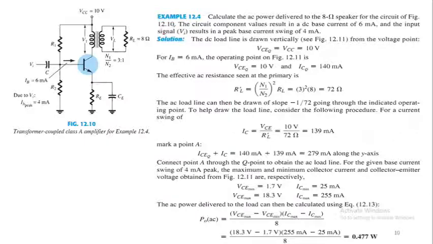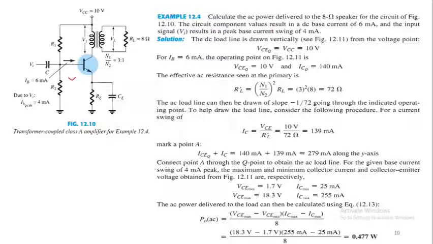अब हमारे पास ये एग्जांपल है, एग्जांपल 12.4. It says calculate the AC power delivered to 8 ohm speaker for the circuit of figure 12.10. The figure is given here.